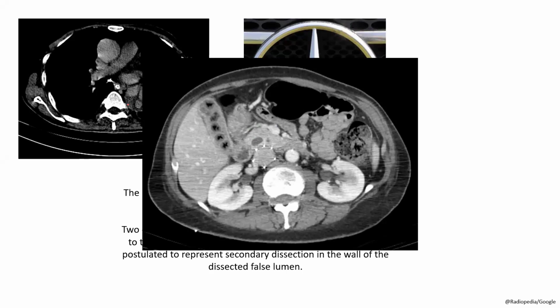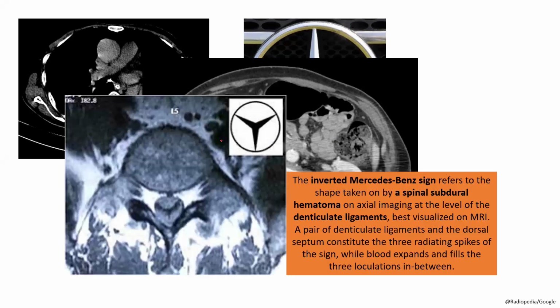Mercedes-Benz sign is also described in cases of gallbladder calculus, where there is air trapped within the calculi. And an inverted Mercedes-Benz sign is also described in spinal subdural hematoma because of the presence of denticulate ligament and a dorsal septum. So this hematoma takes the shape of an inverted Mercedes-Benz.